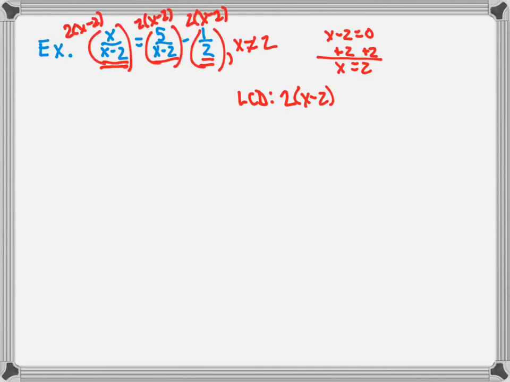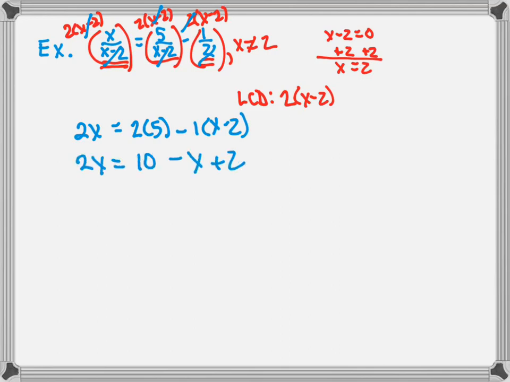On the left-hand side, the x minus 2's cancel, and we're left with 2x. So the first term on the right-hand side, the x minus 2's cancel, and we're left with 2 times 5. And then on the last term on the right-hand side, the 2's cancel, and we're left with minus 1 times x minus 2.